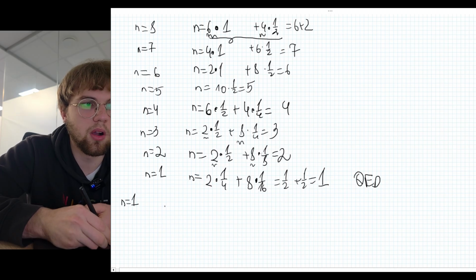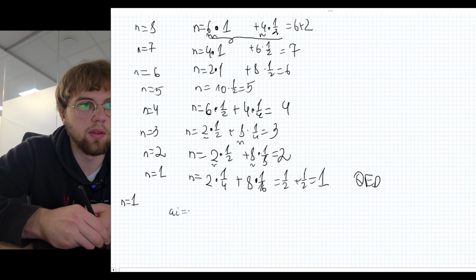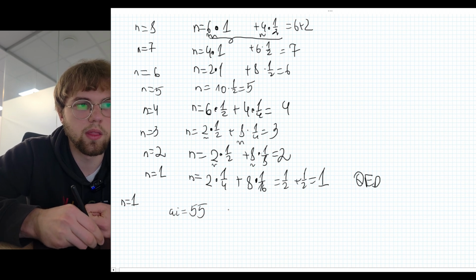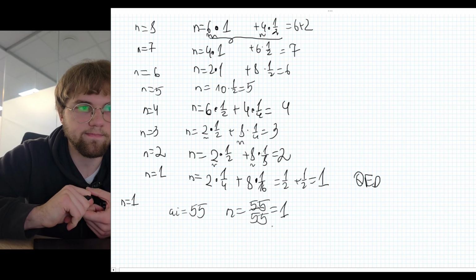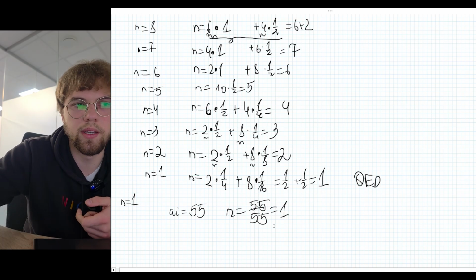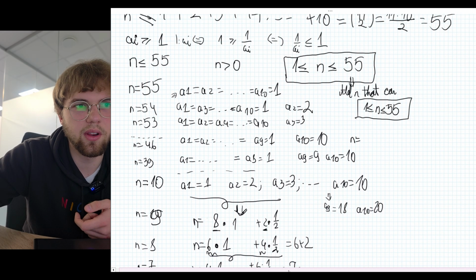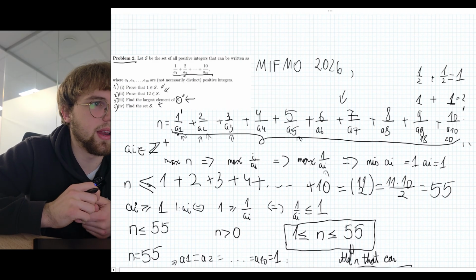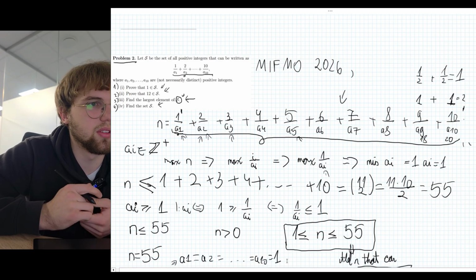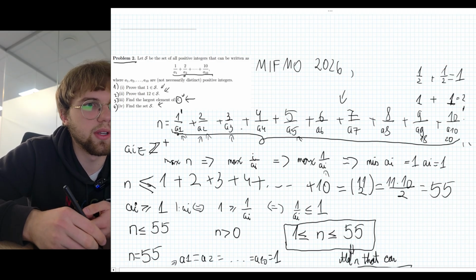So if we pick all of the denominators, all of the a_i, to be 55, well, we get that n equals 55 over 55, which is 1. And now it's just a matter of showing that everything else works. But I won't write it out in detail because it's not that important, I guess.